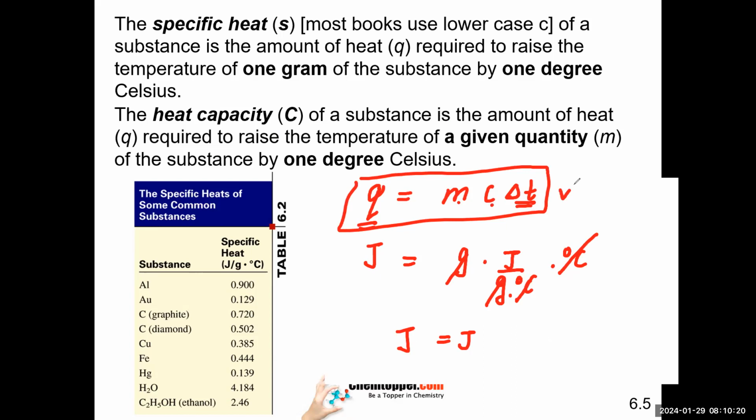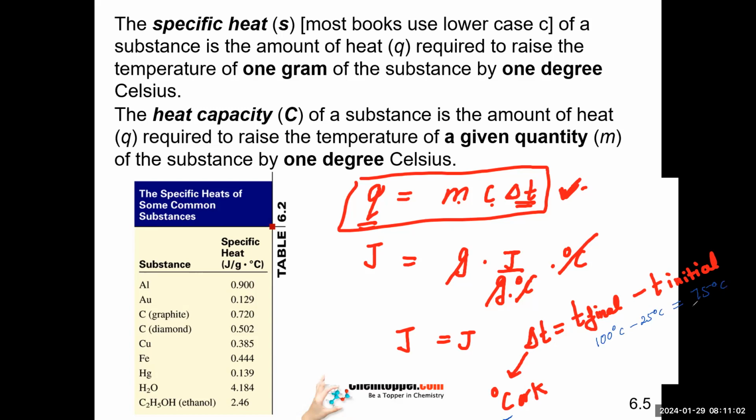And we are going to use this equation in cup calorimeter. Okay. Now delta T is the difference in temperature. It is always T final minus T initial, always. So you can work delta T in degree Celsius or Kelvin. It doesn't matter. For example, if I say final temperature is 100 degrees Celsius and initial temperature was 25 degrees Celsius, delta T is 75 degrees Celsius, right?